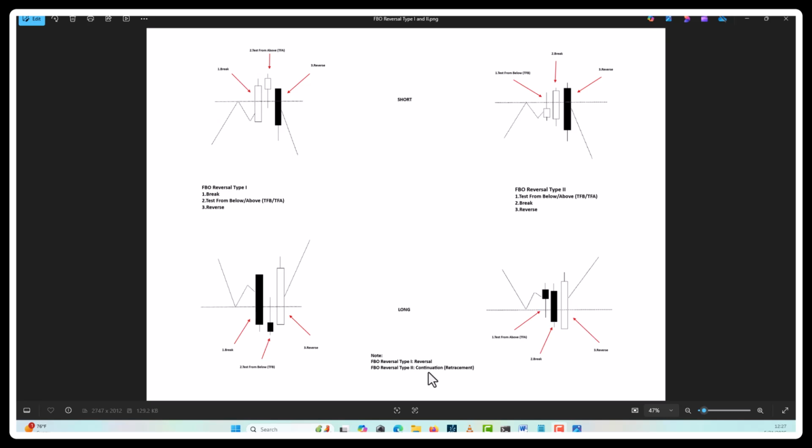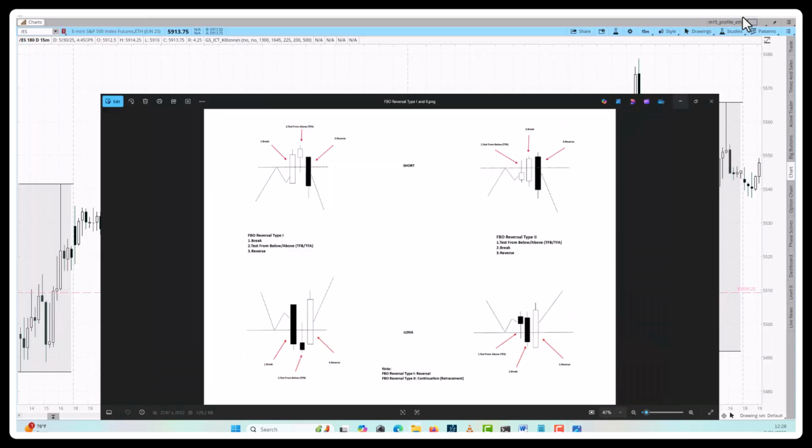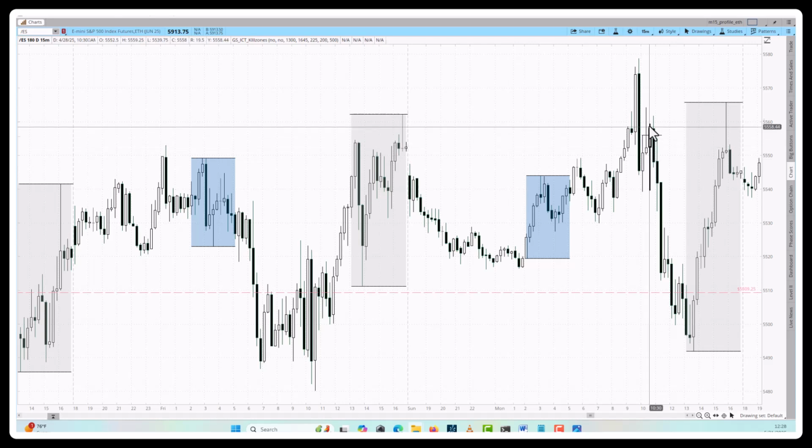And remember, the type 2, we don't know the exact number, but let's give a number, 80% it falls into the continuation of the trend. And the type 1 is for reversal. So in this case, you see that the trend was set up by this guy at 9:45.